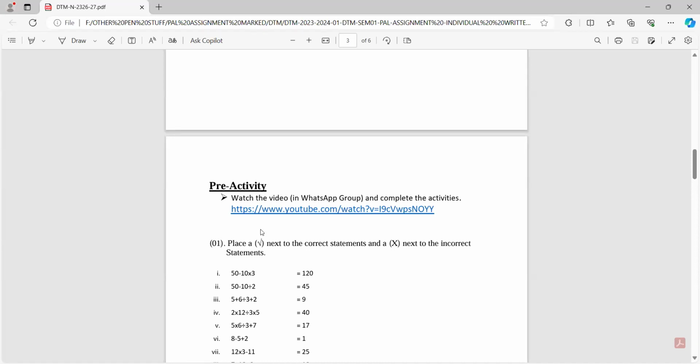In BODMAS application, in a sum, if you are to apply it, the brackets are done first, or solved first. Solve the brackets first. Like that, you give them some statements and ask them to put a tick if it is right, put a cross if it is wrong.